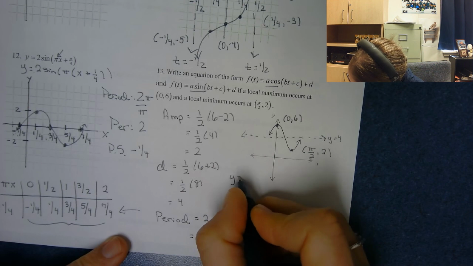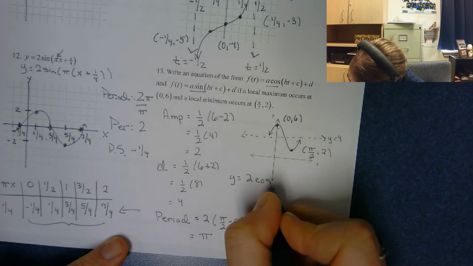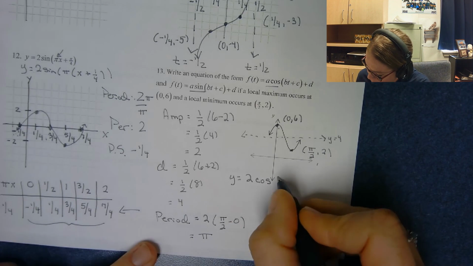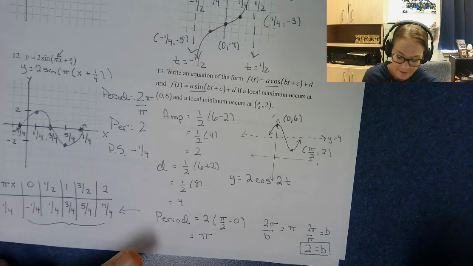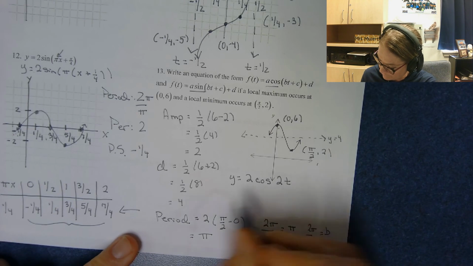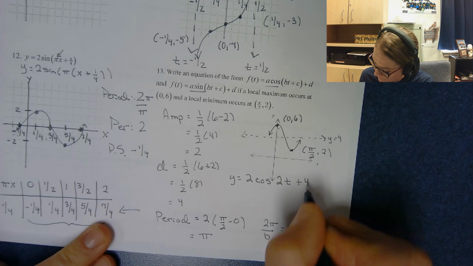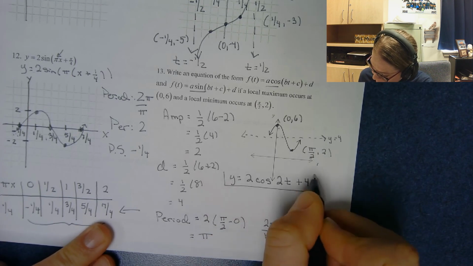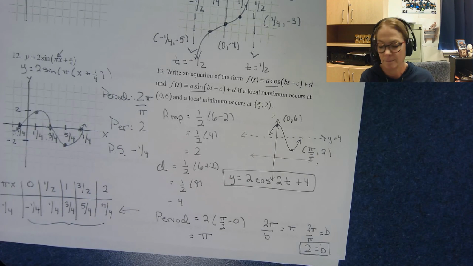Y equals amplitude of 2 cosine, b value of 2, t, and then not a phase shift, my bad, a vertical shift of 4. And that's easy breezy cosine. Y equals 2 cosine 2t plus 4.